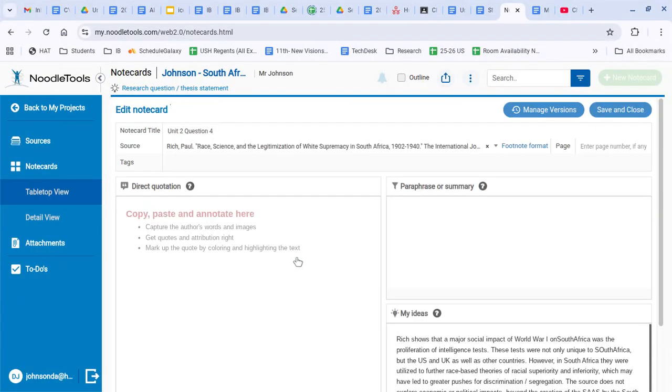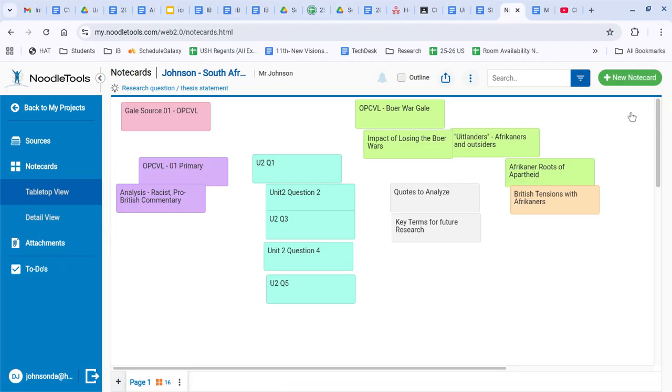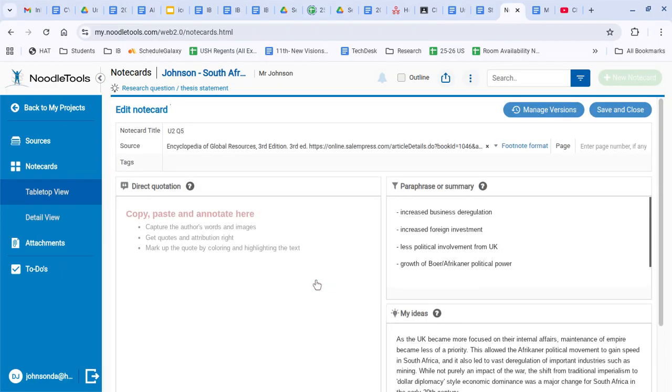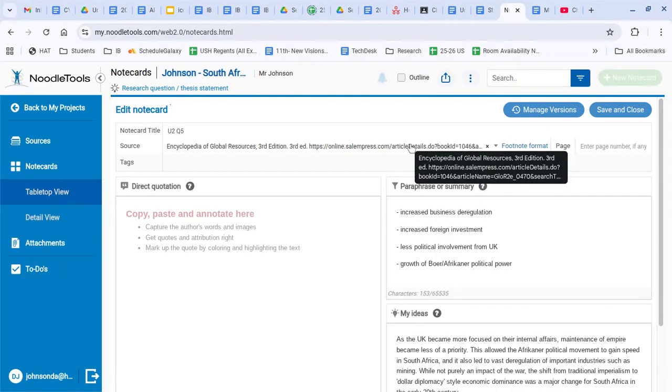Question 4, I'm using Rich again. Question 5, this is another example. I'm using the Encyclopedia of Global Resources here at Salem, so I don't have an author's name. I would need to put the title, right? So if you don't have an author, or if there are too many authors to list, use the title.